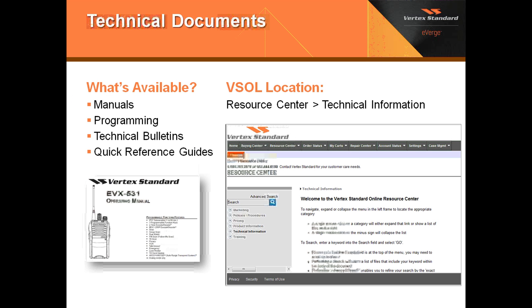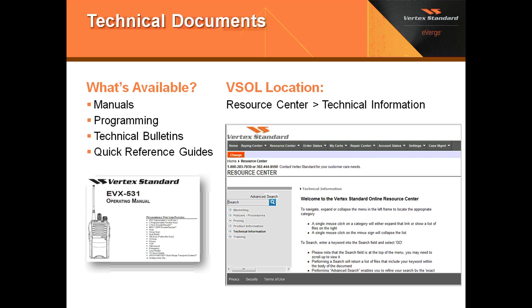Alright, now that we've set up all those additional systems, lastly I'd like to go over any additional documentation we have available here at Vertex Standard. All of it can be located on VSOL, businessonline.vertexstandard.com, under the Resource Center, Technical Information, and under the EVX series radios.